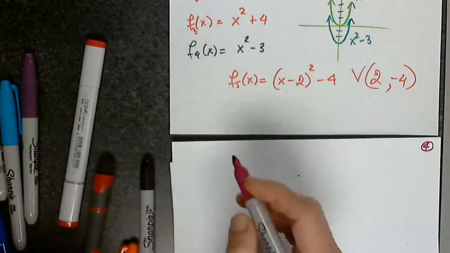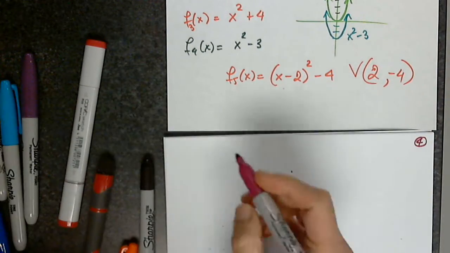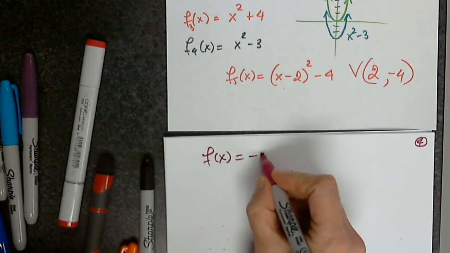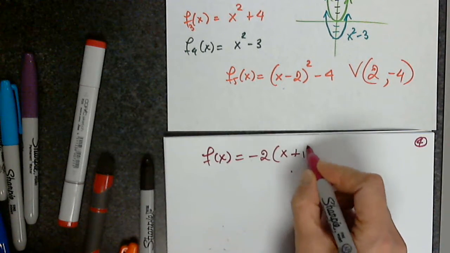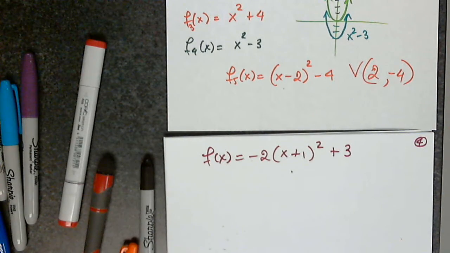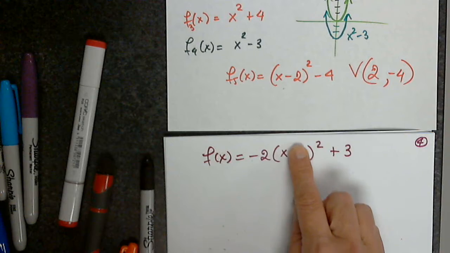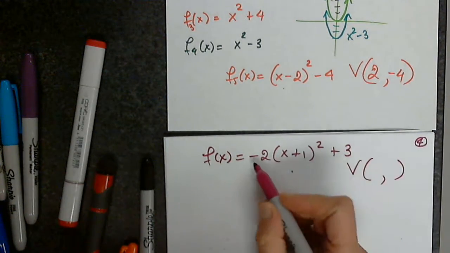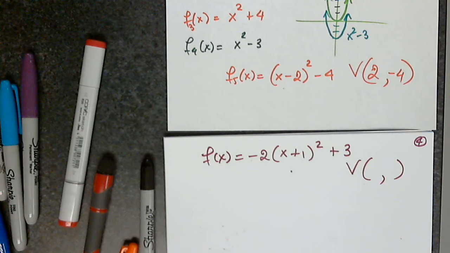So I would like you to identify the vertex of this function. Nothing counts other than this number and this number when we talk about the vertex. This and this have no meaning when it comes to the vertex. Careful.